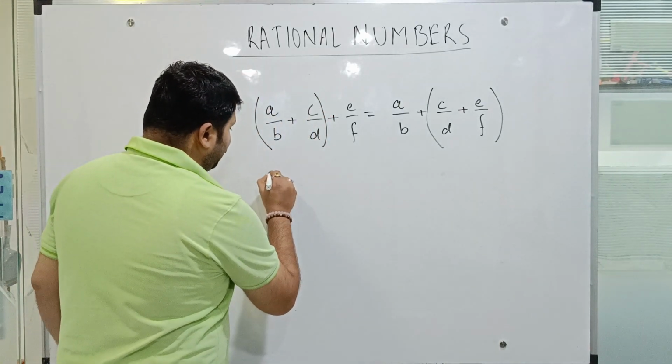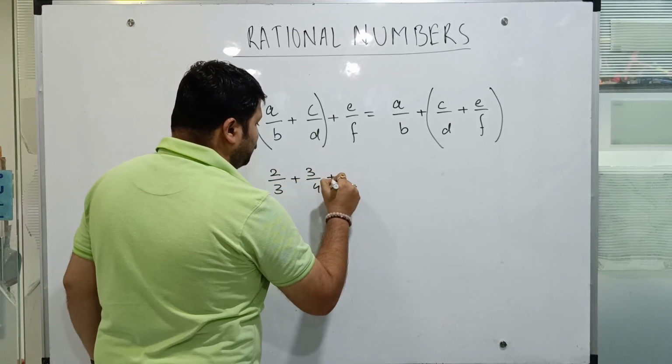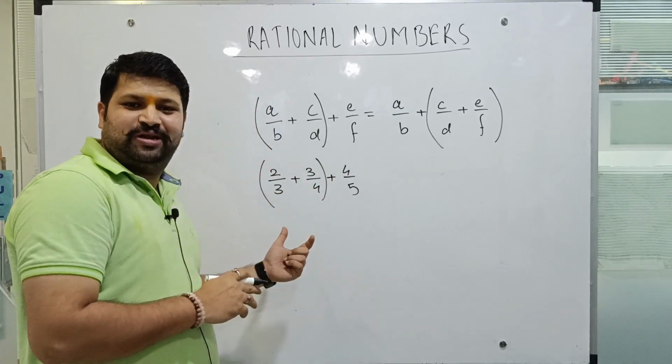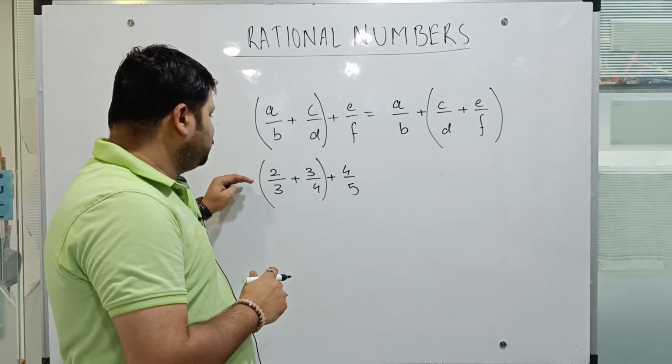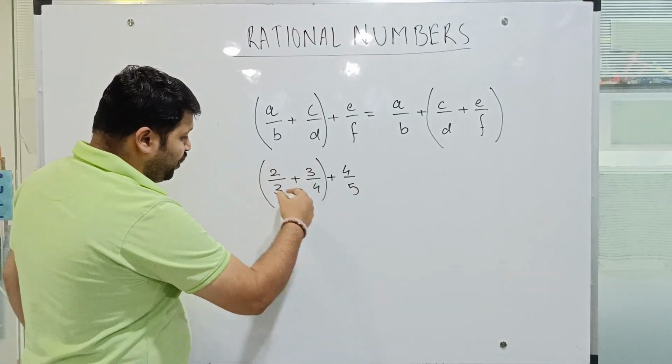So I have, say, 2 upon 3 plus 3 upon 4 plus 4 upon 5. It's a pretty simple thing that I have put here. So let's add them and see what we get. First I have to add these two together.